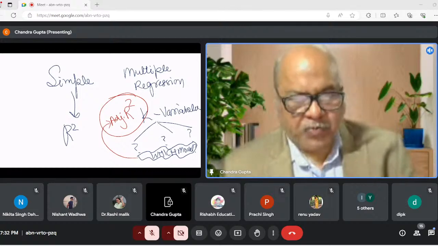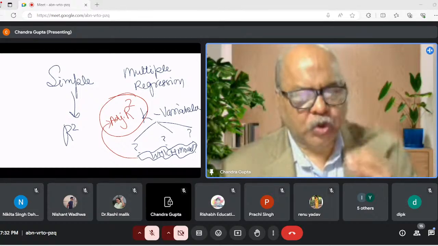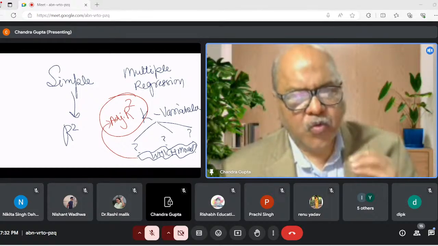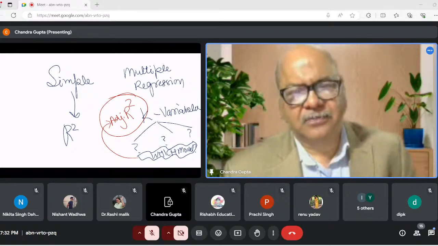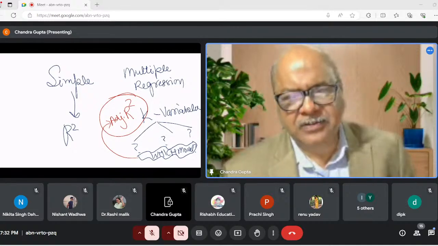So I repeat, we use adjusted R square to decide which multiple regression model is good for us. That's it, nothing else.